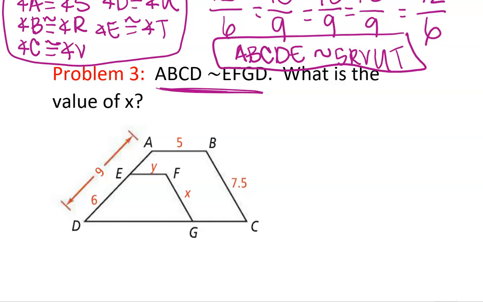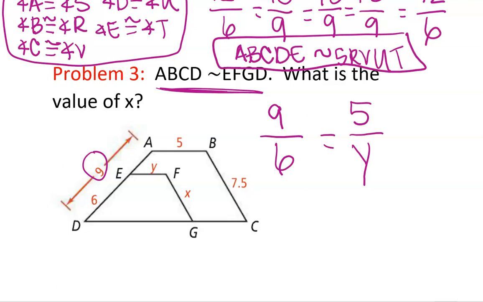So 6 will match up with which part? So I'm looking at small to big. Actually, no, I can't do that. Notice how A, B, C, D is the big one. We need to do the big one on the top. So the big one is 9. What does that match with? If I'm looking at this one? 6. And then I'm going to go 5 matches up with which part? Yep. Could I solve for Y right there?